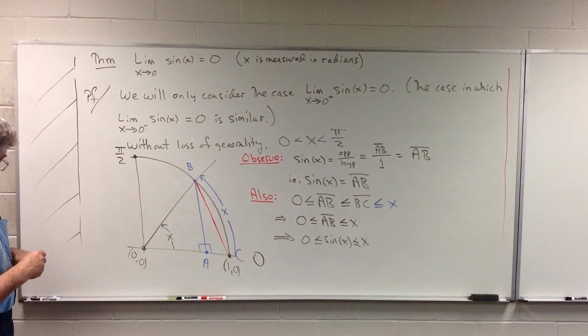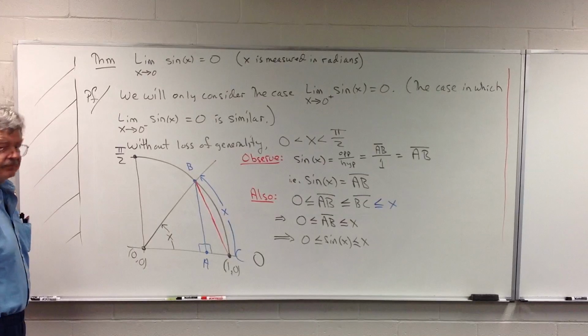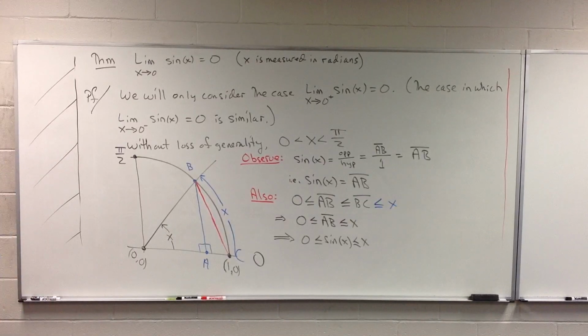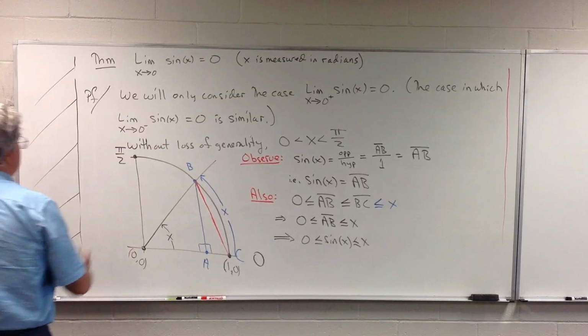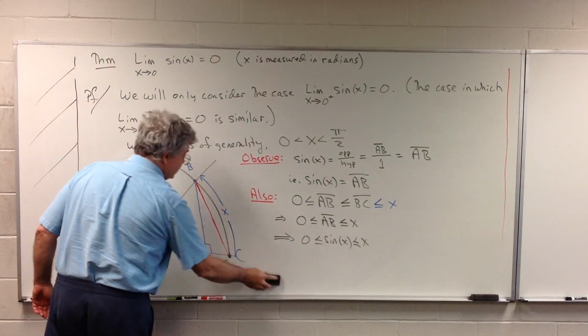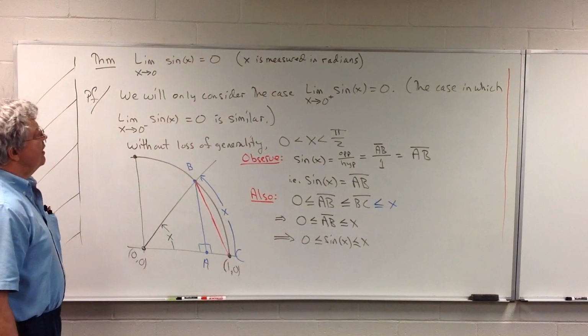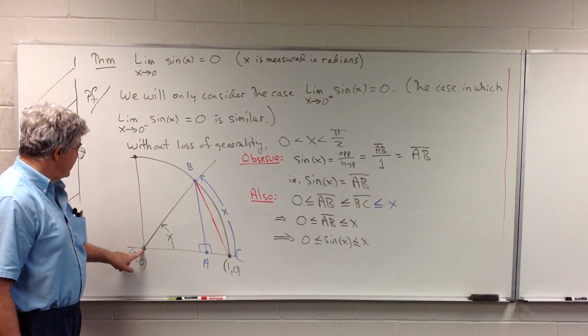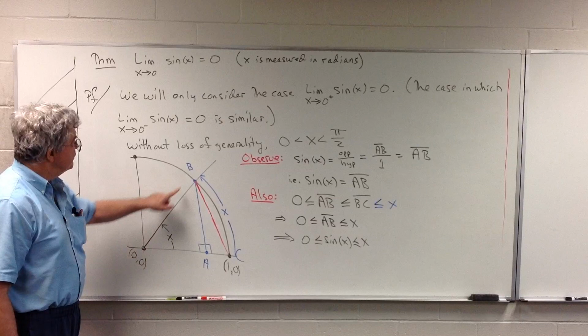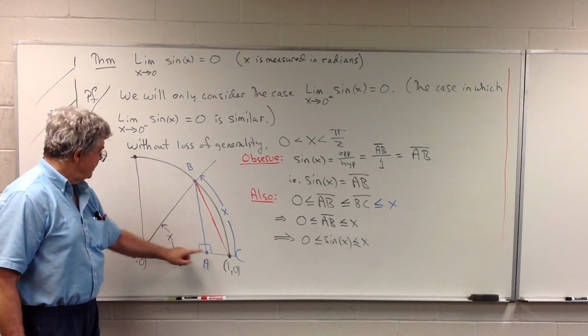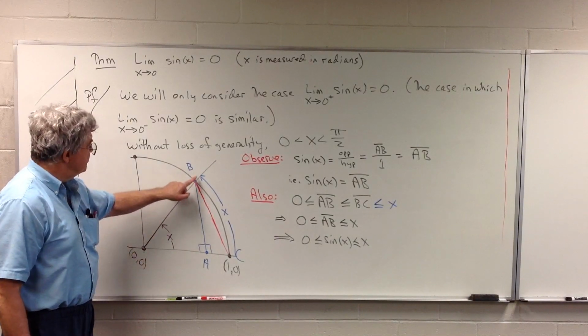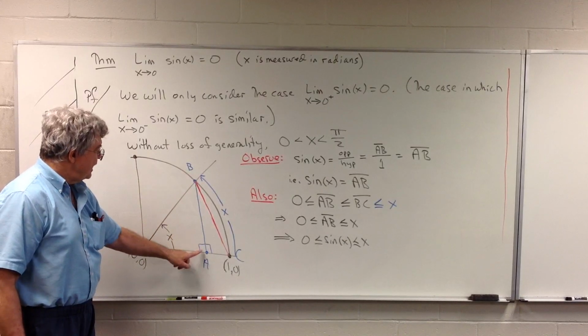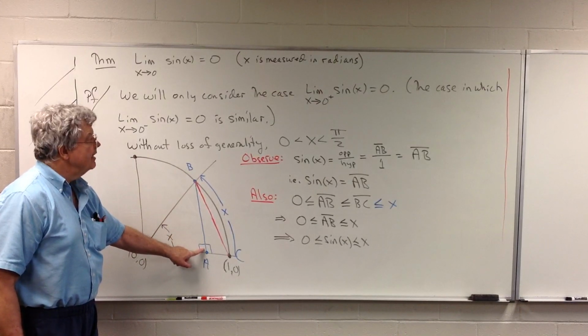Now there are some observations that we're going to make. Okay, I don't need pi over 2 and angle 0 anymore. First observation. With reference to this right triangle, origin B A, we have a right angle right here.